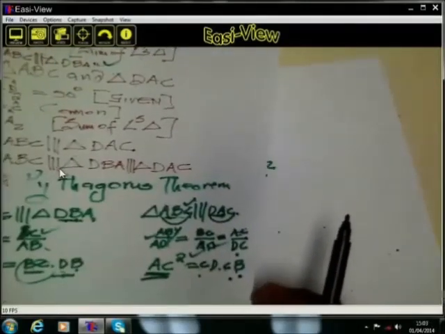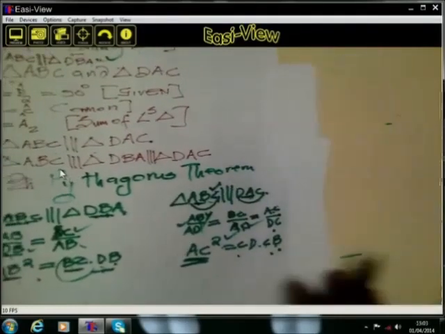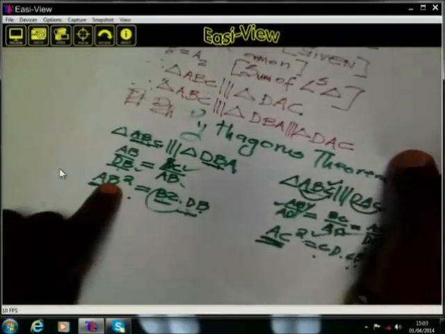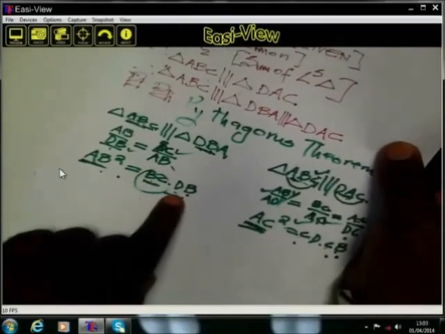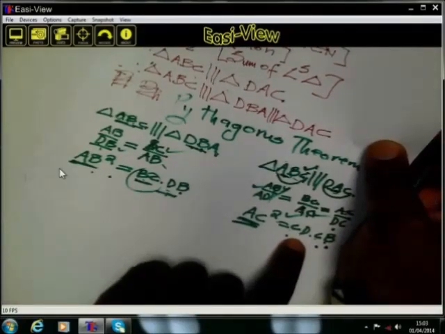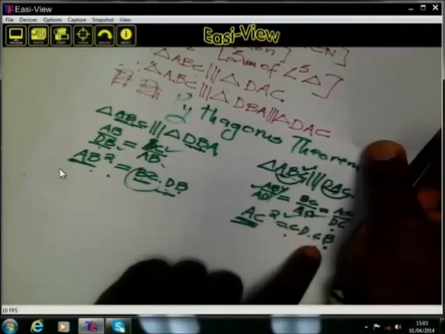However, when we come to this, we realize that we want BC squared. Now we can express AB squared in terms of BC multiplied by DB and AC squared in terms of CD multiplied by CB.